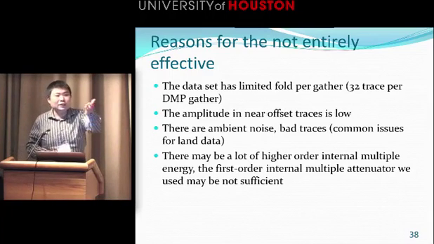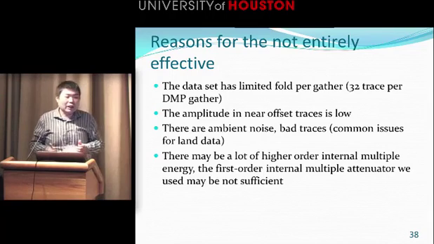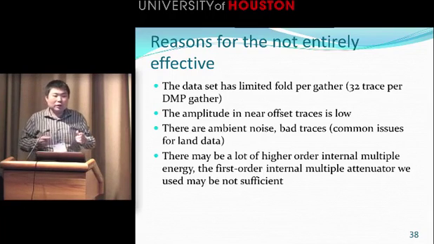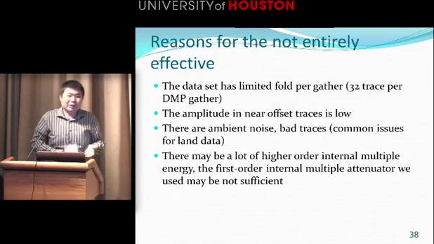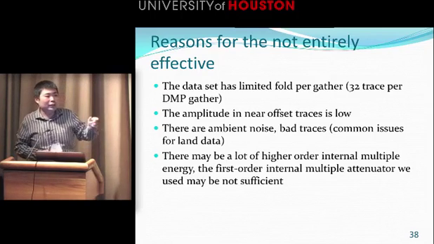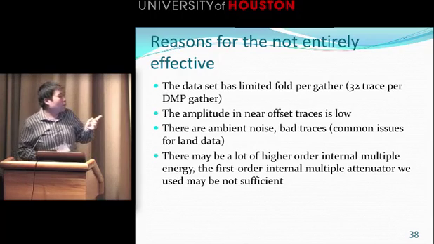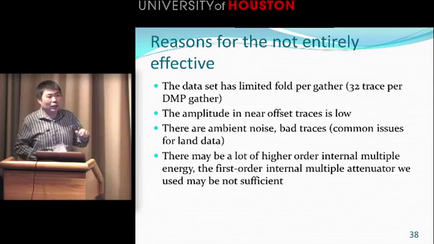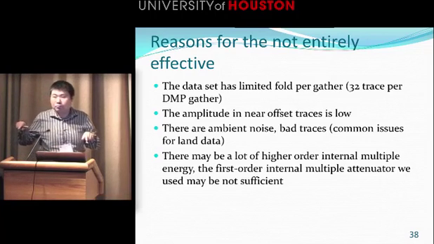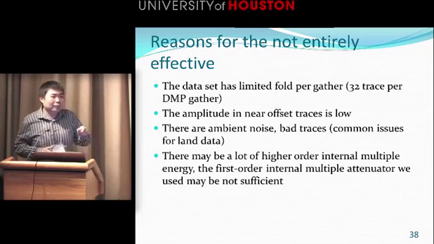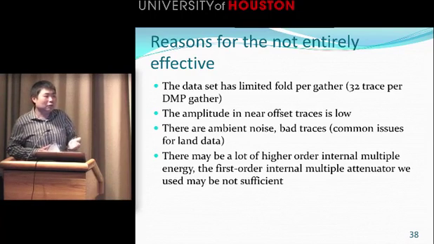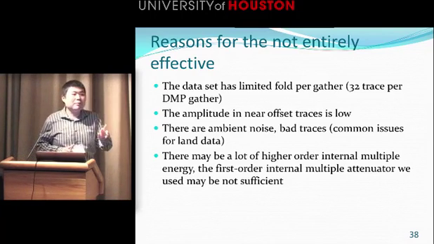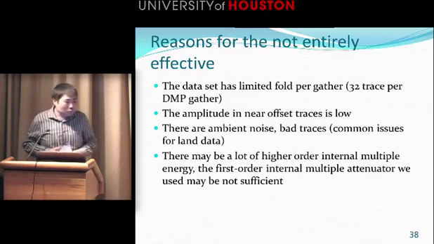In Thomas' talk tomorrow, we will see that if we have multiples in the input data, even if we use the first order internal multiple attenuator, the output will have higher order internal multiples. However, the amplitude will not be correct. Furthermore, the priority may be flipped for some orders.